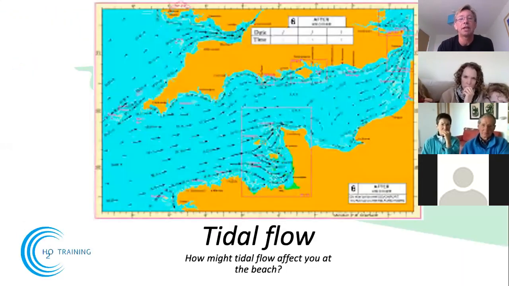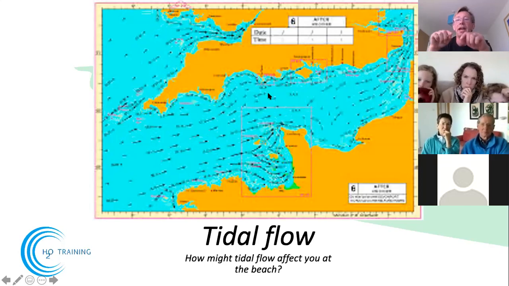So if we have a look at this diagram of the English Channel and up into the Irish Channel, you can see that when the tide is coming in, and remember, this is what we call a flood tide, the tide is coming up the north coast of Cornwall, up towards Bristol, and it splits off at Land's End, goes around the Lizard Point, and goes up the English Channel this way.